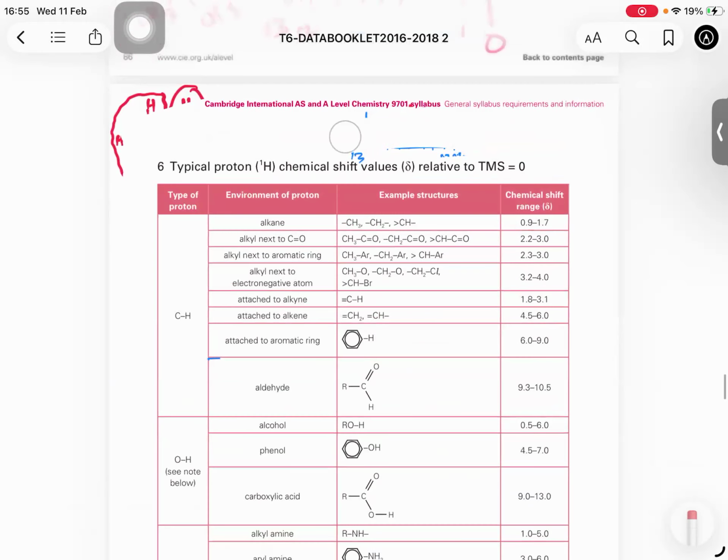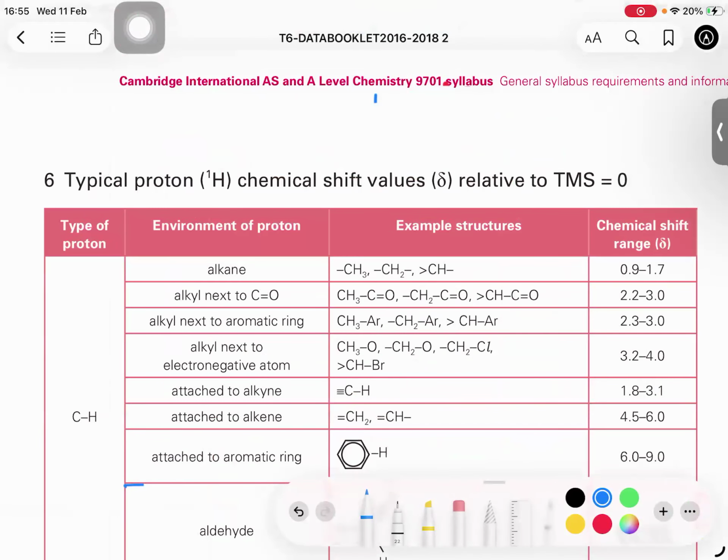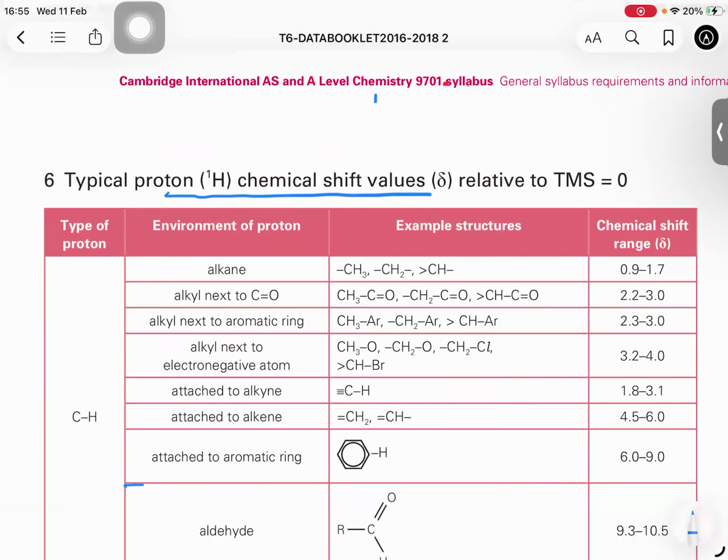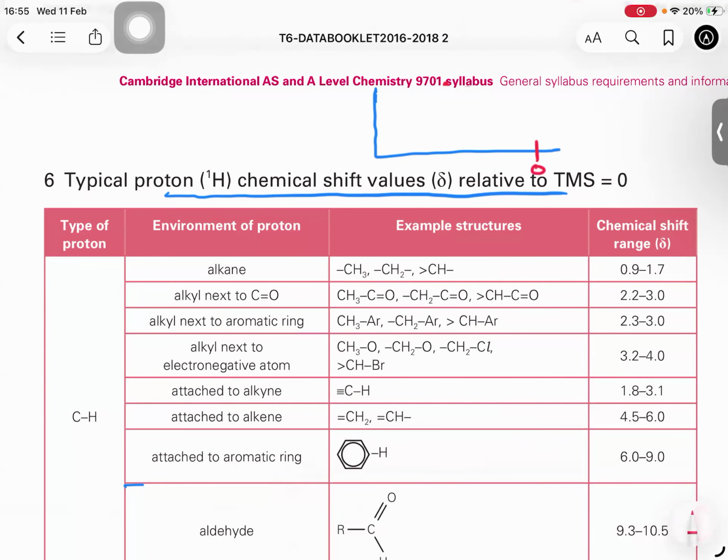It is given. Look, what does this data say? A typical proton chemical shift value relative to TMS. The peak of TMS will come at what? 0. So you always think like this. This is the spectrum. Its 0 is not here, its 0 is here. Now TMS's peak has come where 0 is.